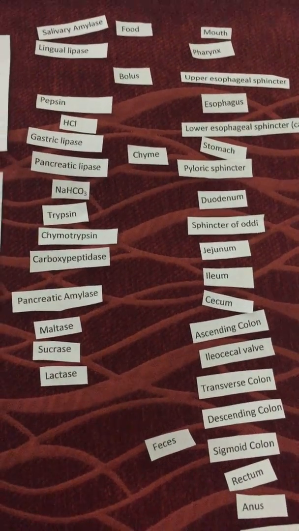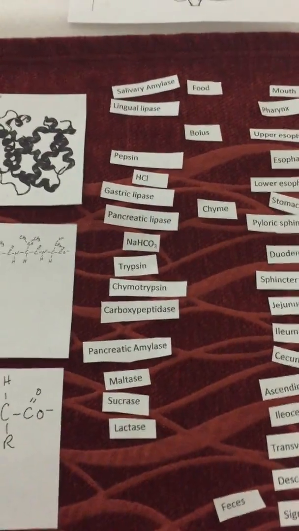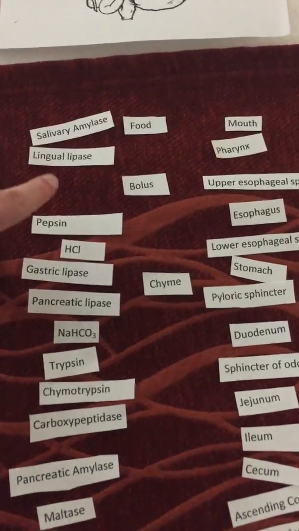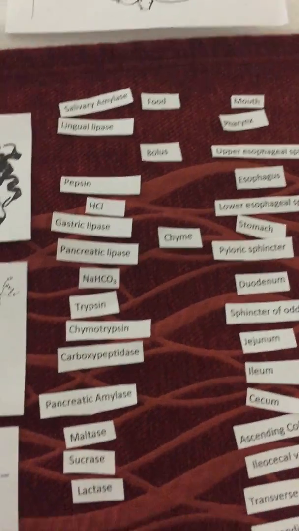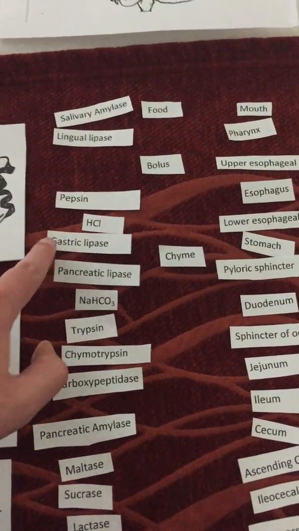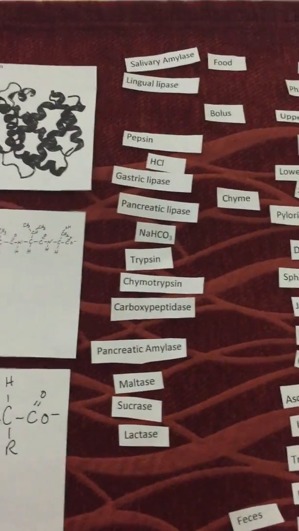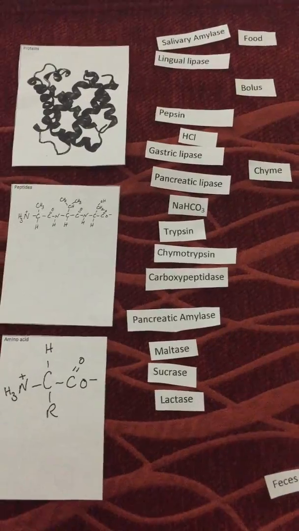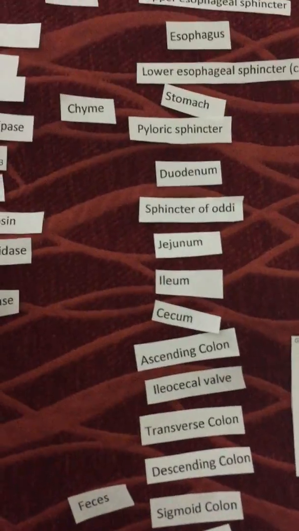Our salivary glands also contain the lingual lipase. Our stomach contains gastric lipase. Our small intestine contains pancreatic lipase, right here.